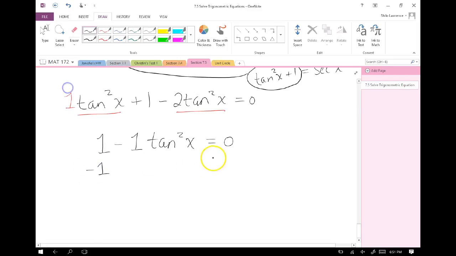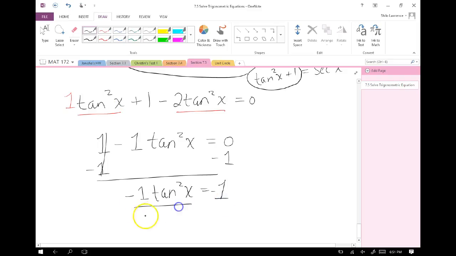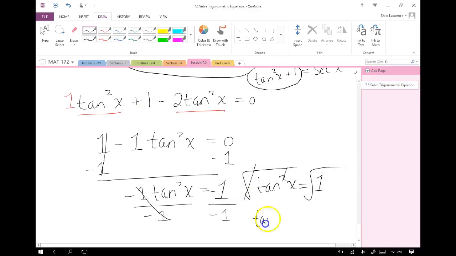So I'll minus my 1 over. I'll divide my negative 1 over. I get tan squared equals 1. I'll square root both sides, and I get tan equals positive or negative 1.